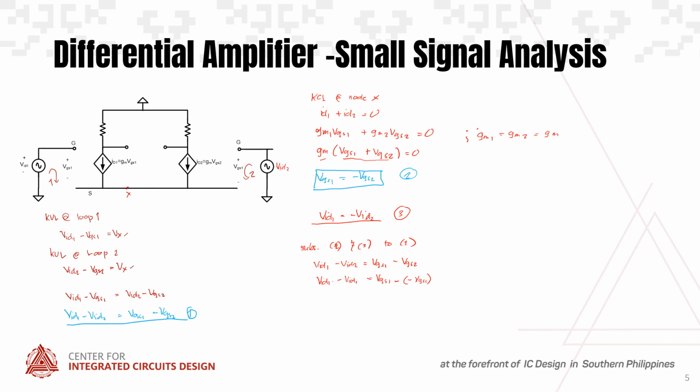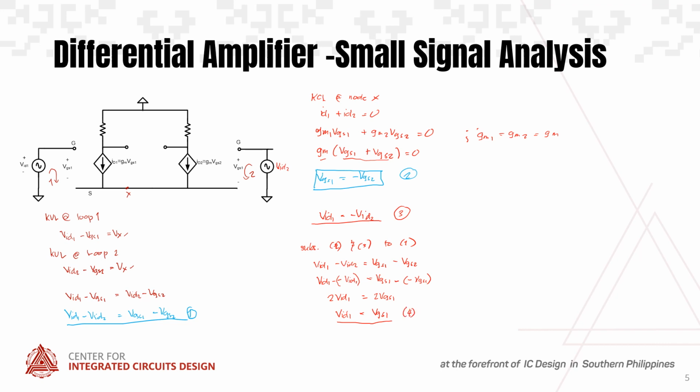So what we have is 2 VID1 equal to 2 VGS1. With that, we can say that VID1 is equal to VGS1. So we have this equation 4.